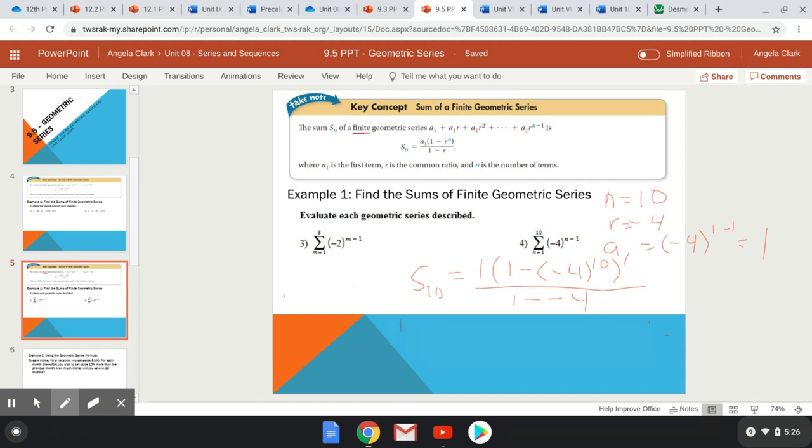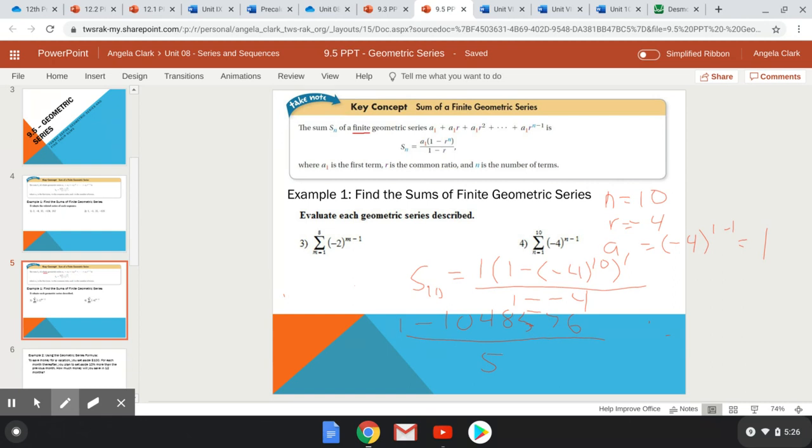So I have 1 minus that number, divided by 5. In my calculator, I'm just going to hit 1 minus answer, so I don't have to type in anything.